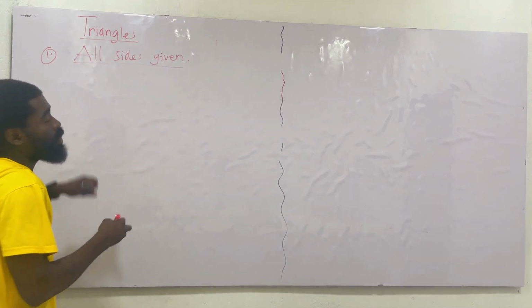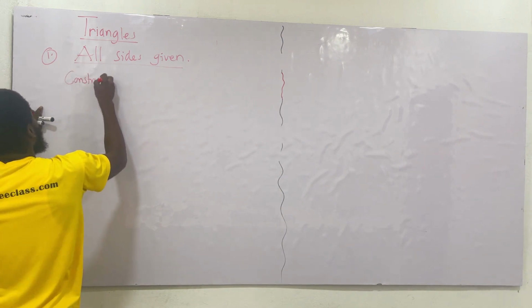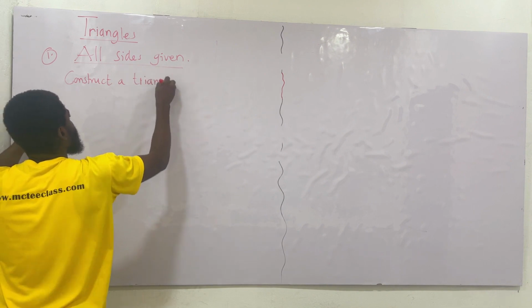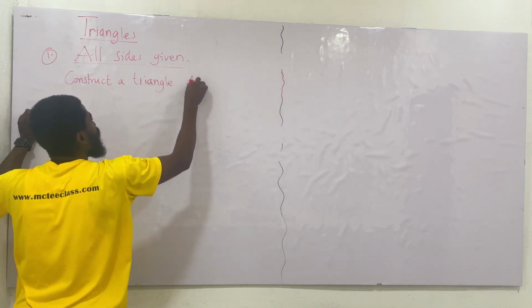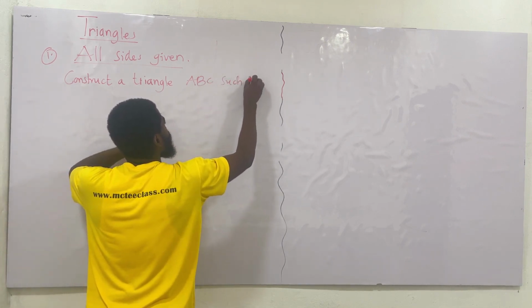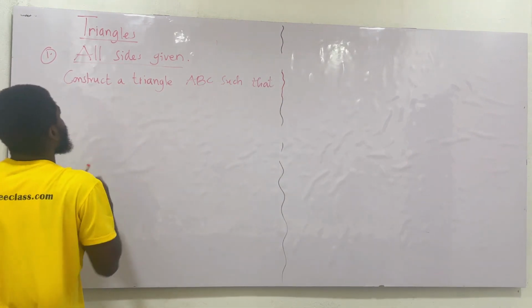So for this, the question might tell you to construct a triangle ABC such that all sides are given.